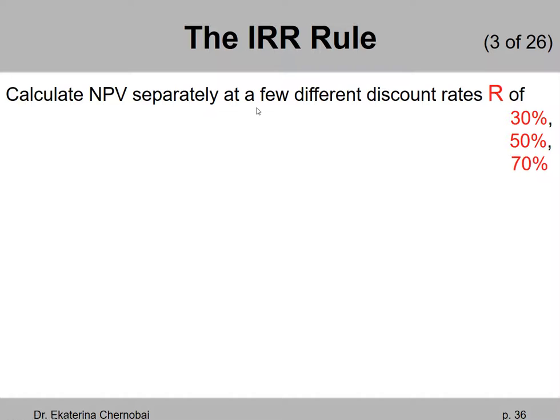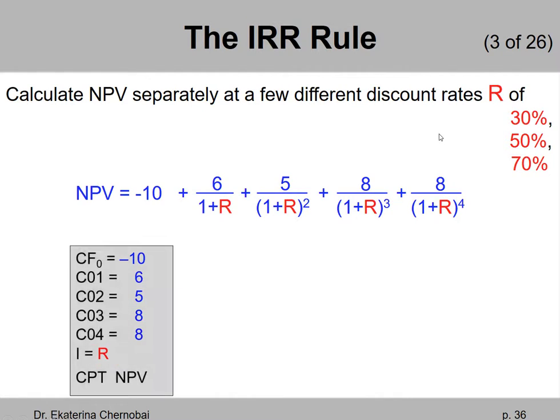Separately at a different discount rate R. If you want to do it by hand, then the NPV would equal -10 plus 6 divided by 1 plus R, where R can be either 30% or 50% or 70%, plus 5 divided by (1 plus R) squared, plus 8 divided by (1 plus R) cubed, plus another 8 divided by (1 plus R) to the 4th power.